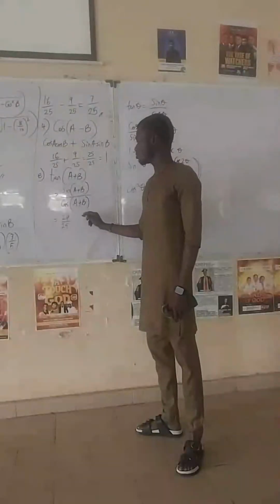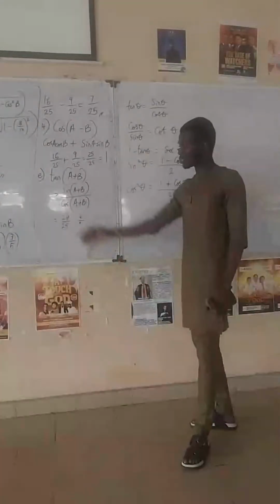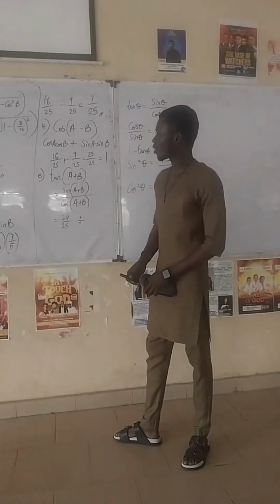That's our sin A plus B. I'm using the division sign, up divided by down. Then cos A plus B.